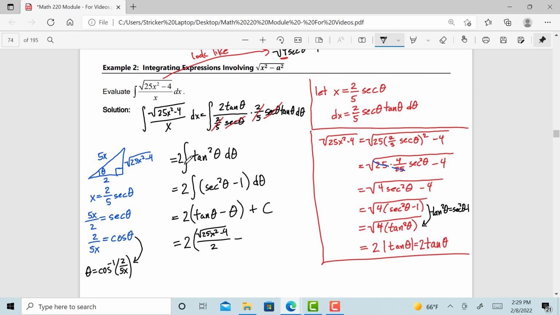So this is minus the inverse cosine of 2 over 5x plus c. And we can distribute our 2 in, which is going to give us the square root of 25x squared minus 4 minus 2 times the inverse cosine of 2 over 5x plus c.